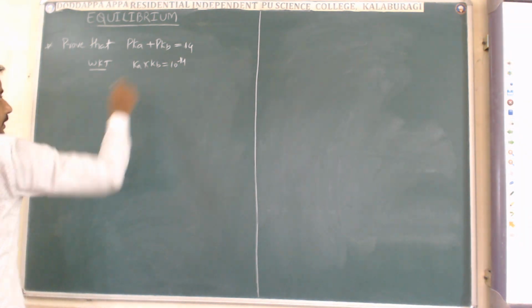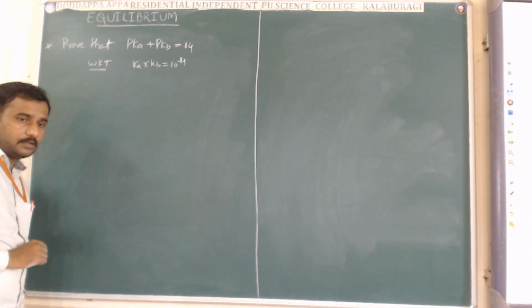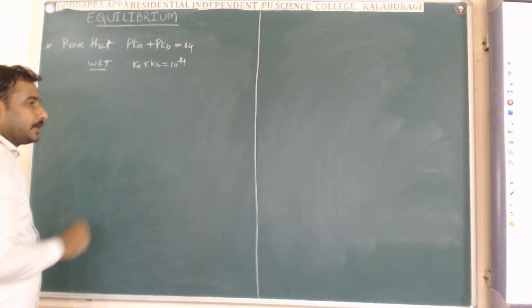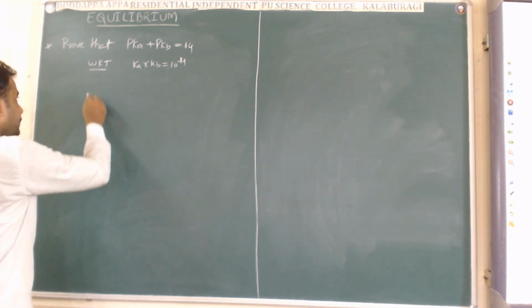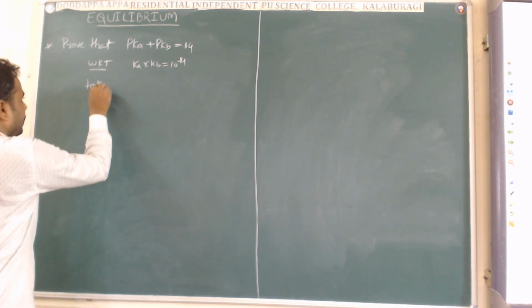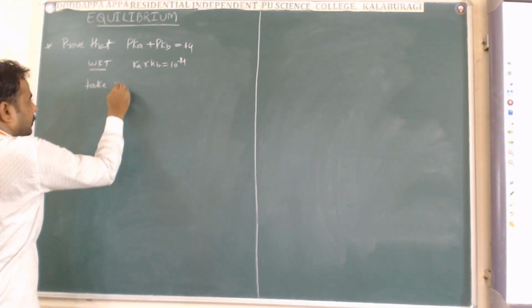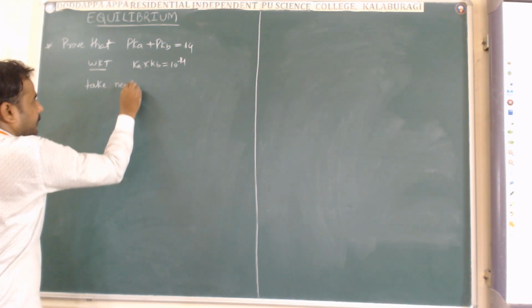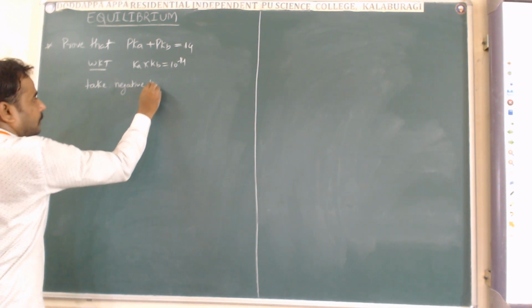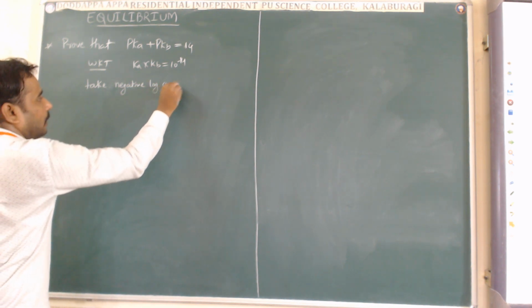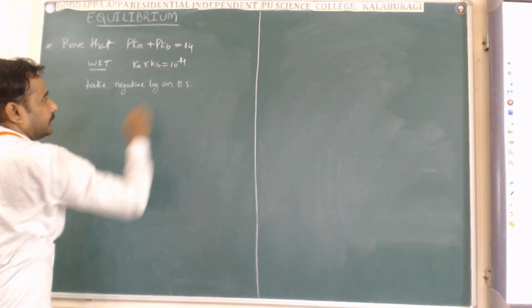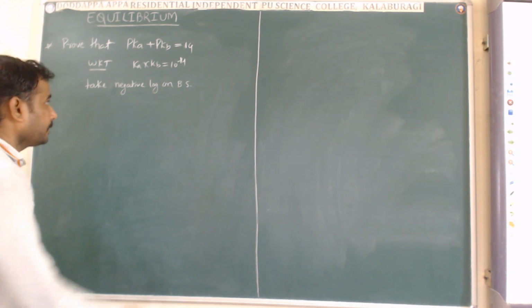So this we know. Suppose when you multiply by the negative logarithm on both sides, then what happens here? Take negative log on both sides. Then what becomes here?